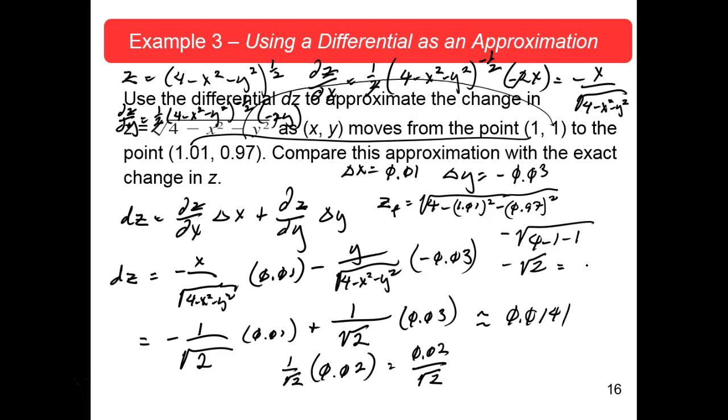Take the square root of it. It gives you something, about 1.4 something, right? Okay. Minus the square root of 2. Then equal.